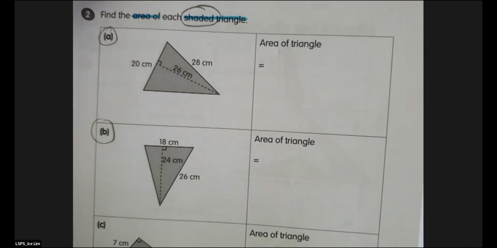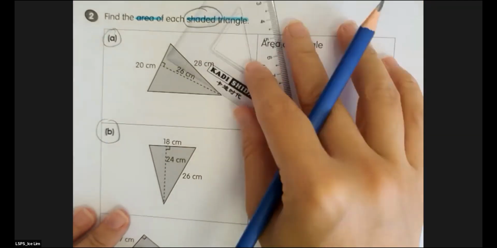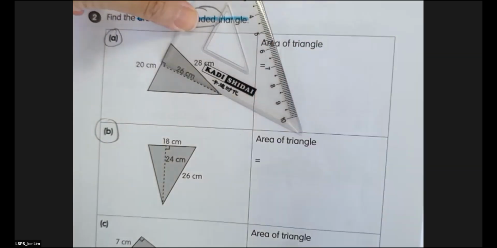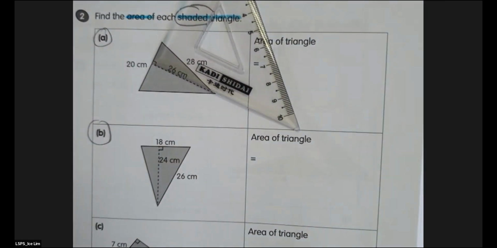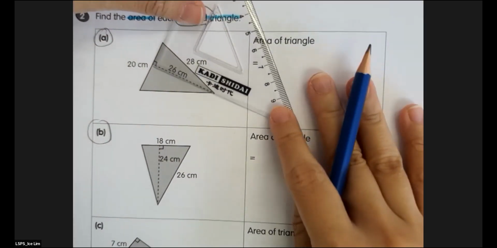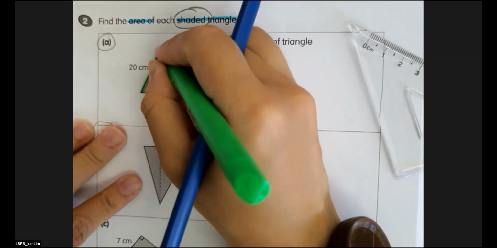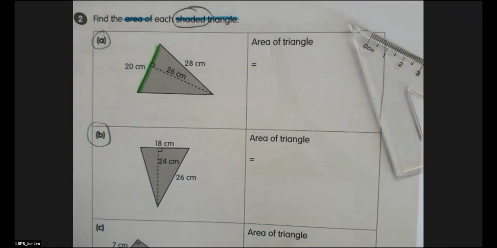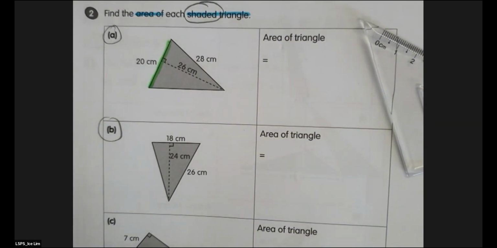Okay, so we already know the trick by now. First thing, look for the right angle. If I need help, I use my set square. Base is always one side of the triangle. So in this case, highlight the base. By now I expect, as I have shown you many times, you have at least 2 different color highlighters or 2 color pencils.